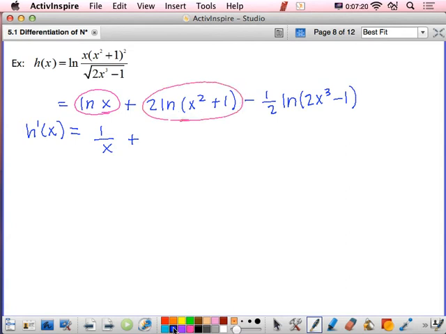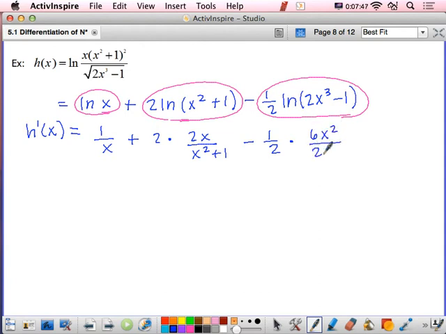So it's going to be plus 2 times the derivative of x squared plus 1, which is all over x squared plus 1, minus 1/2 times what? 6x squared. 6x squared all over 2x cubed minus 1.